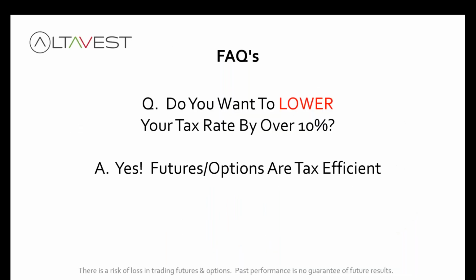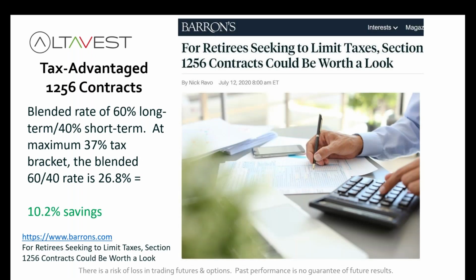A few FAQs. Yes, futures and options are tax efficient. And no, a lot of what you're trading is not. So we can lower your tax rate by 10%. That's because we are in a tax advantaged space with what they call IRS Section 1256 contracts. So it's a blended rate, 60% long-term rate versus 40% short-term rate.